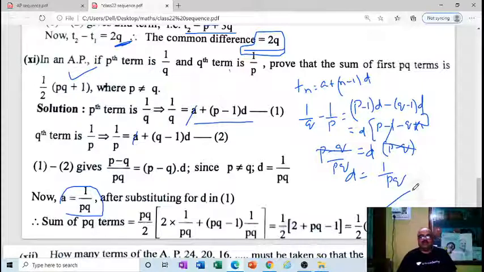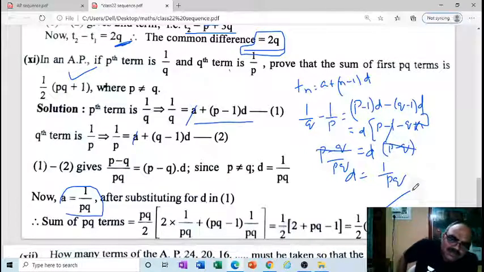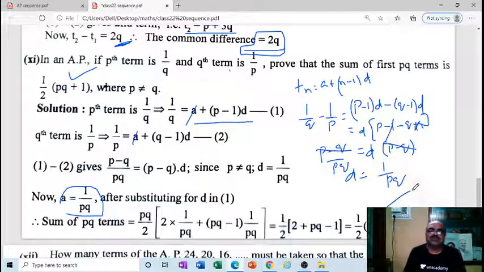Friends, all values are unknown, so it may look a little complicated to you. I will assure you, practice this 5 times and call me back. All unknown becomes known terms.